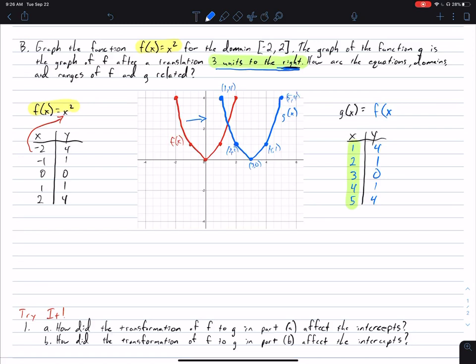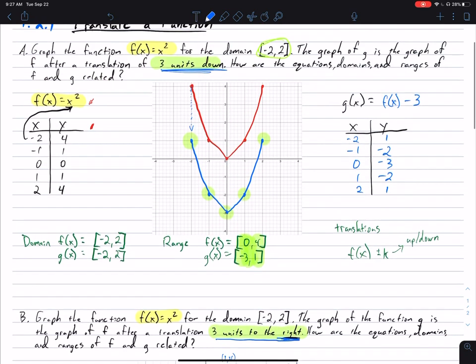And although it's going right and the numbers are increasing, we're actually going to write in a subtraction sign in those parentheses. So we're going to subtract 3 from my x values. This is always the hardest thing about horizontal translations, is that they're the opposite of what they appear to be in the function. So if you have x minus 3, that minus 3 actually tells me that my graph is going right.